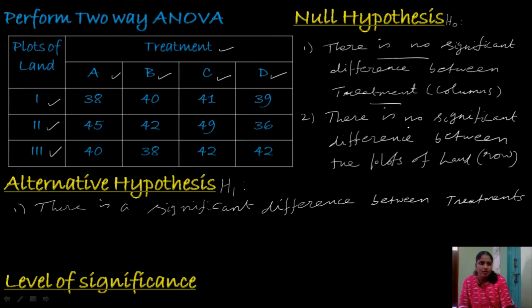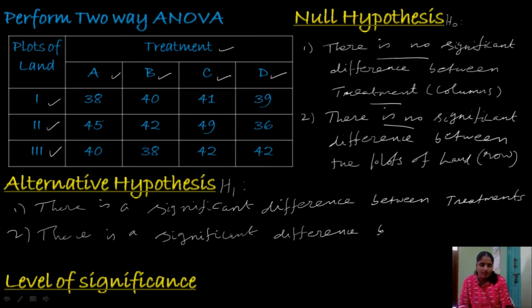For the second one, this is for row wise. So, I have to set up the alternative hypothesis for plots of land as there is a significant difference between the plots of land.